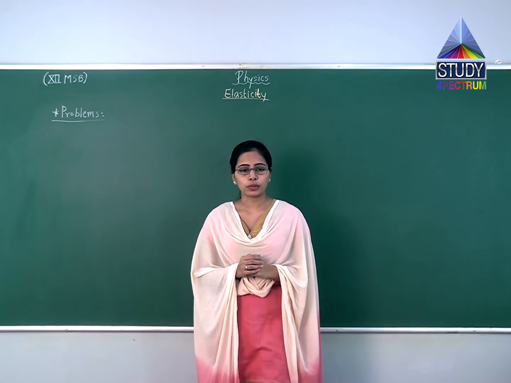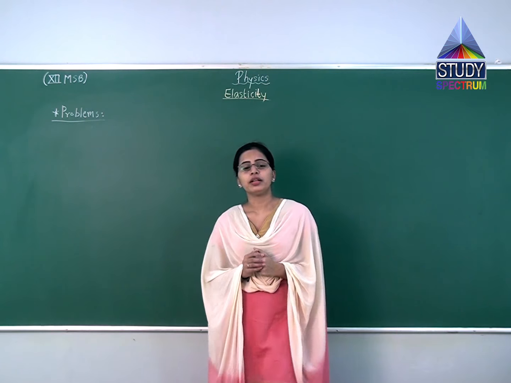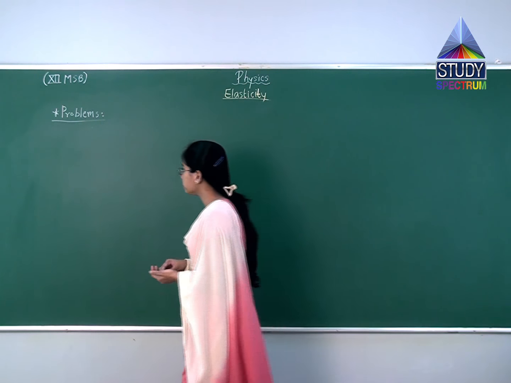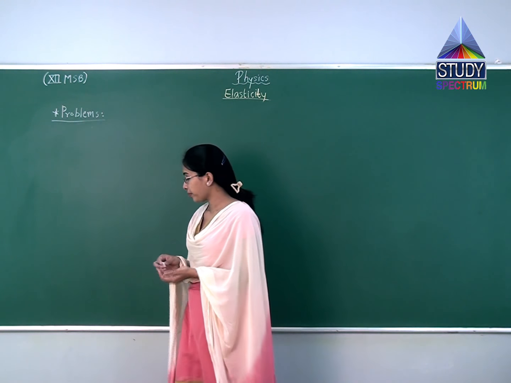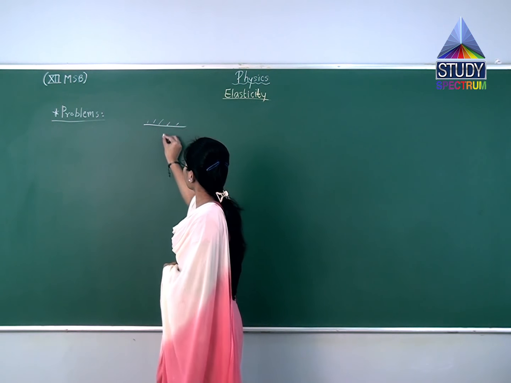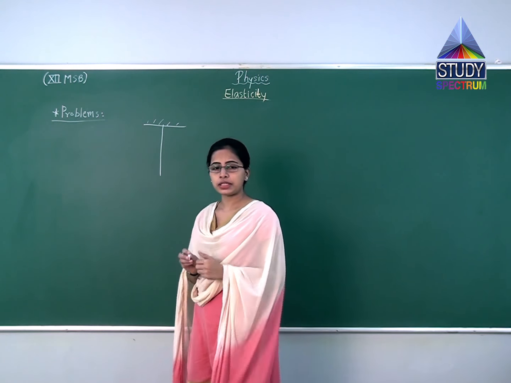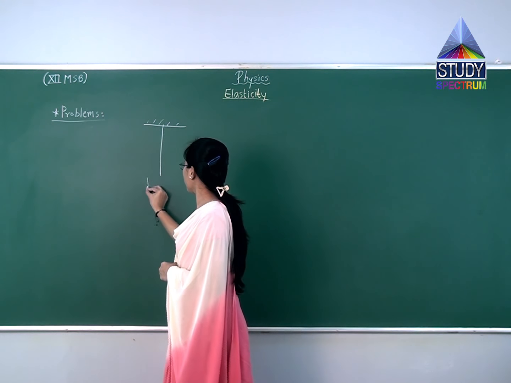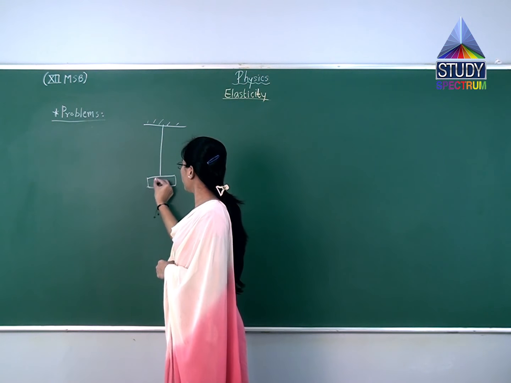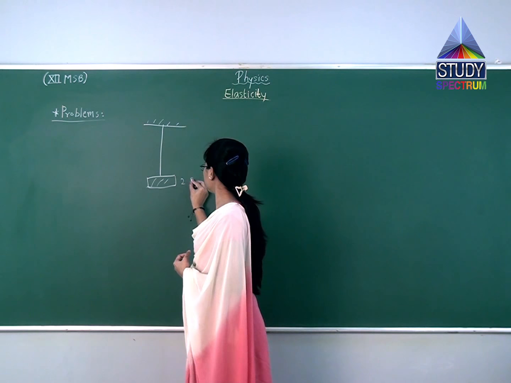It is the 9th problem. Now to solve this problem, we will draw the figure first. See, there is a ceiling to which one wire is attached, which is a steel wire, and a load of 2.5 kg is attached to it.